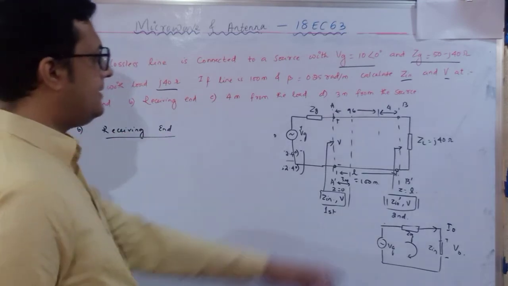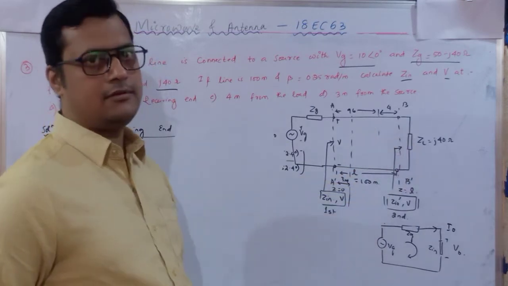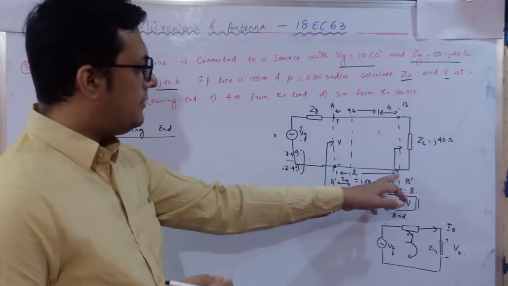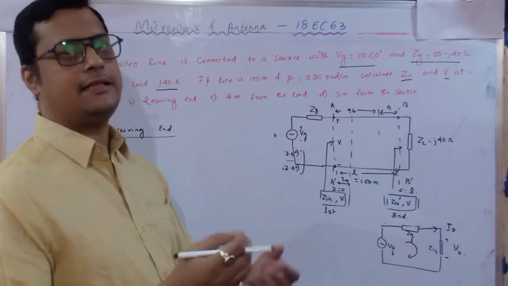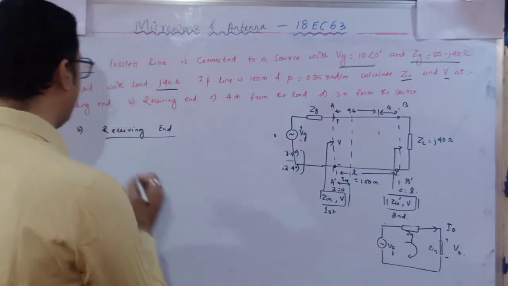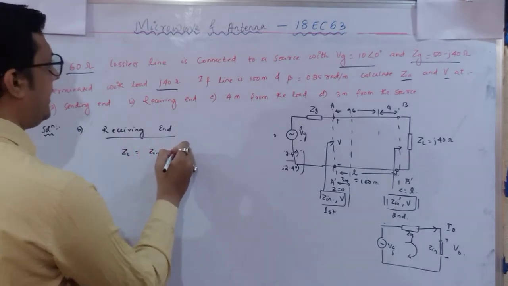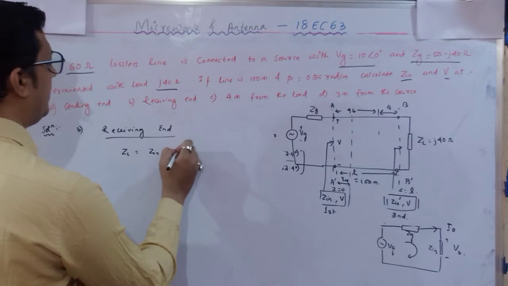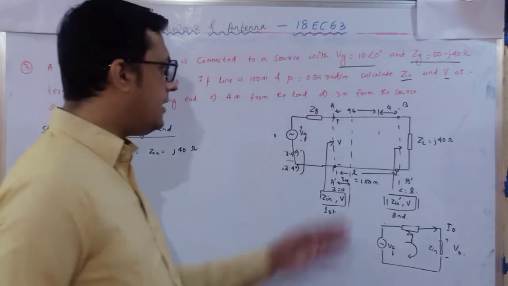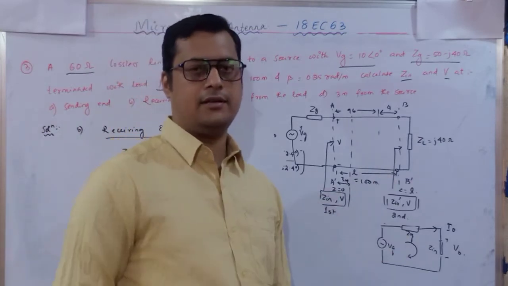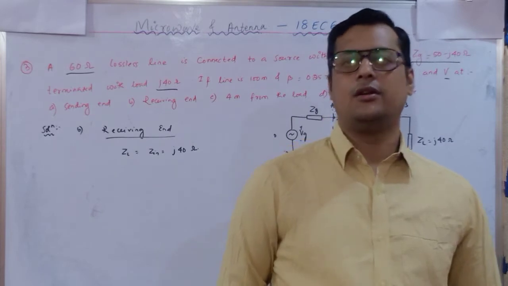At the receiving end you can see that Zin equals ZL, because at this length of 100 meter the input impedance is the same as the load impedance. So ZL equals Zin, which is j40 ohm. Simple, because there is no further distance, it is the end point. At the end point, if you measure the input impedance, it is the same as the load impedance.